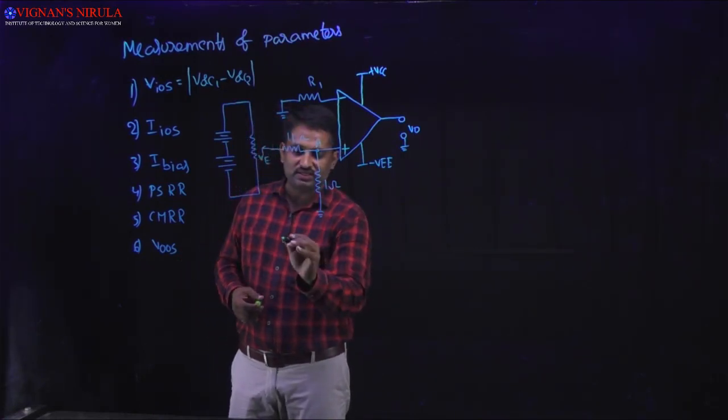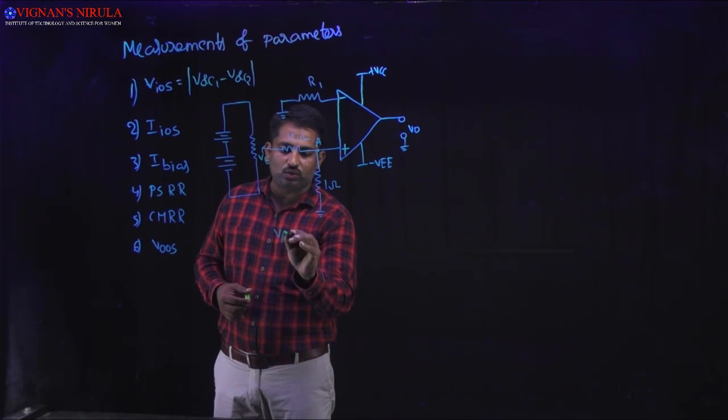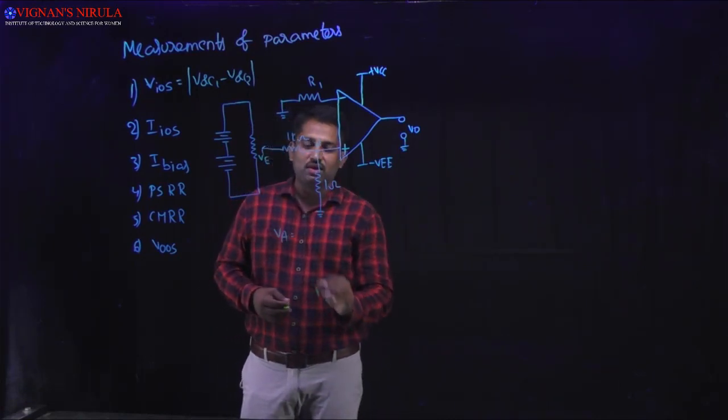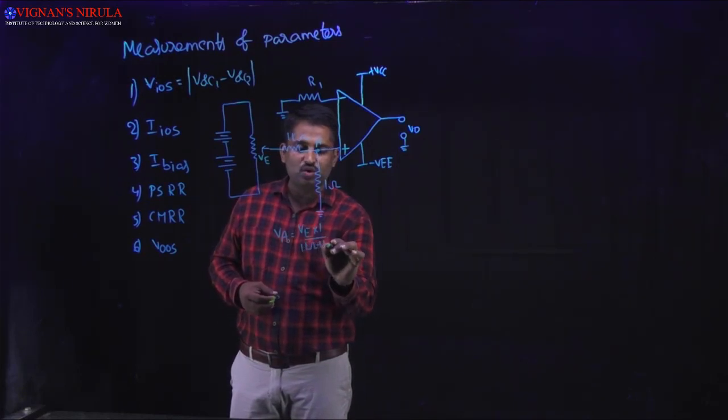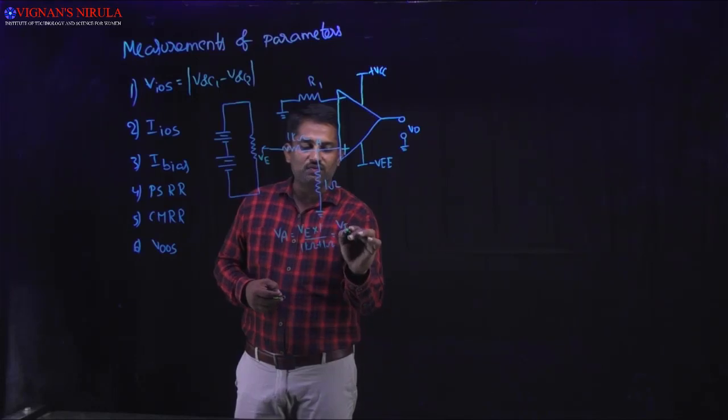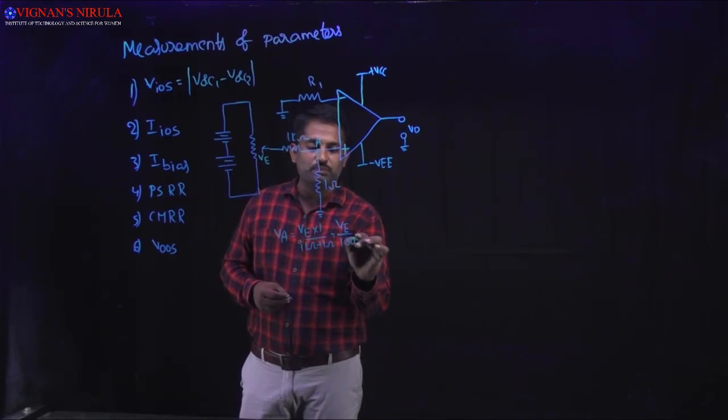By using the voltage divider rule, I calculate VA. VA is equal to VE into 1 ohm divided by 1 kilo ohm plus 1 ohm. So we get VE divided by 1000 plus 1.